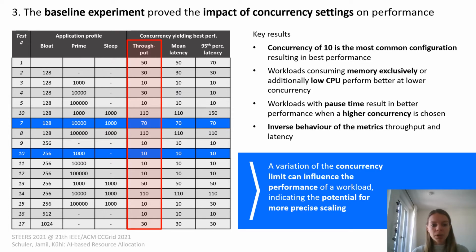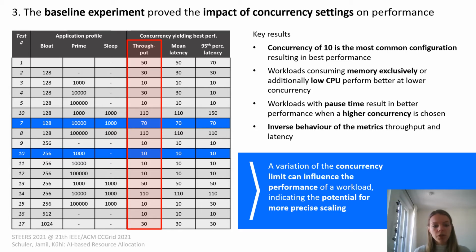When we summarize the key results, we could see that the smallest possible concurrency of 10 is the most common configuration that results in the best performance across all three metrics. Workloads that consume memory exclusively or additionally lower CPU perform better with fewer parallel requests per pod instance. However, when we pause requests for a certain amount of time, they perform better with a higher concurrency.